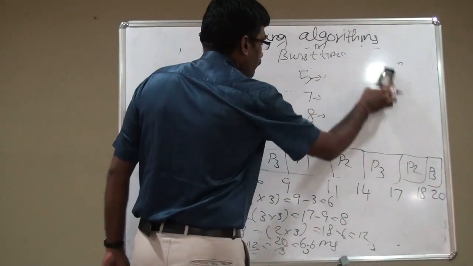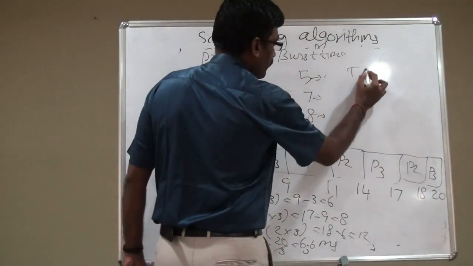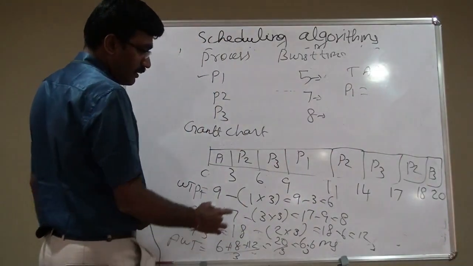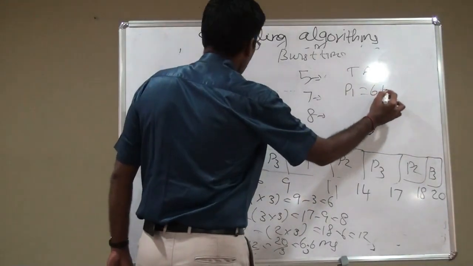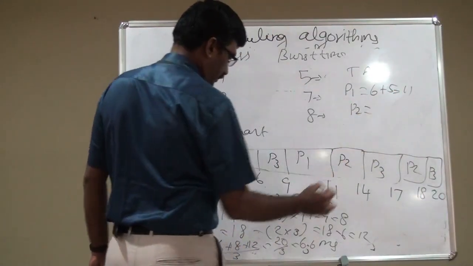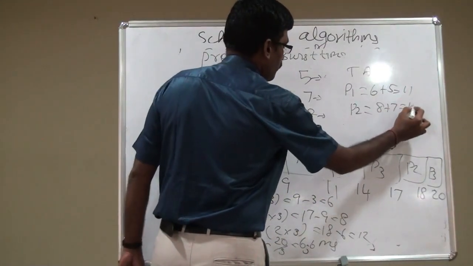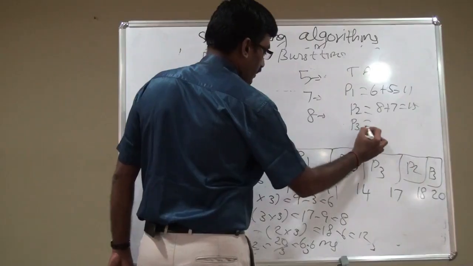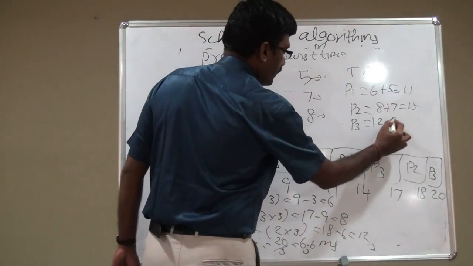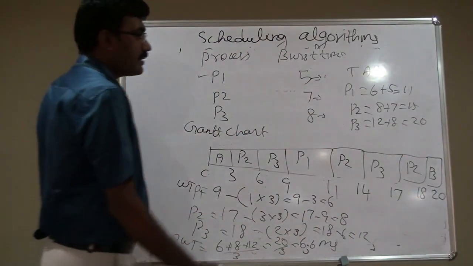Then turnaround time. Turnaround time for P1 is 6 plus 5, 11. P2: 8 plus 7, 15. P3: 12 plus 8, 20 is the turnaround time for the 3 processes.